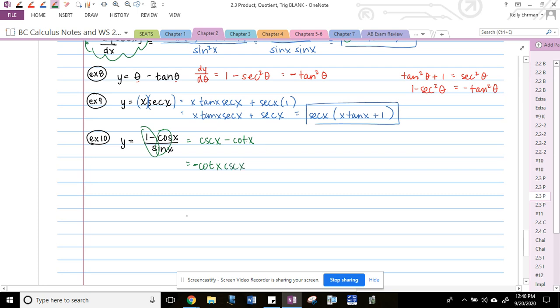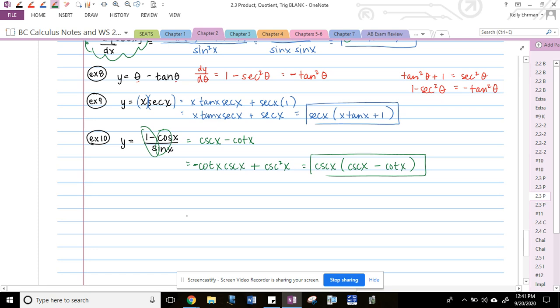The derivative of cotangent is negative, so this minus is going to turn into a plus cosecant squared x. And again, I could factor out a cosecant x, and I'd probably rearrange my terms if I did that. Taking it out of cosecant squared, I get cosecant x and then minus cotangent x. I would stop there.